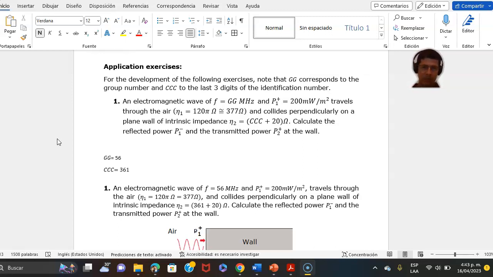Calculate the reflected power P-1 and the transmitted power P+2 at the wall.